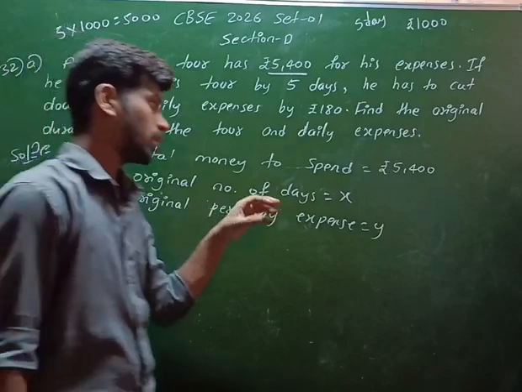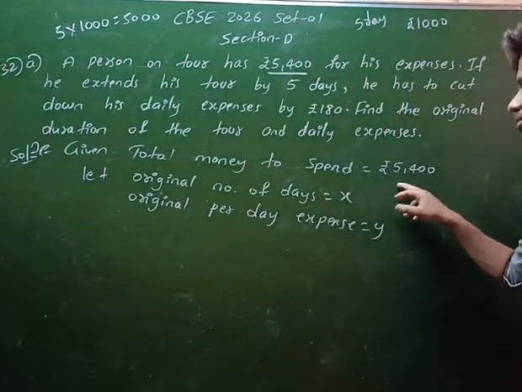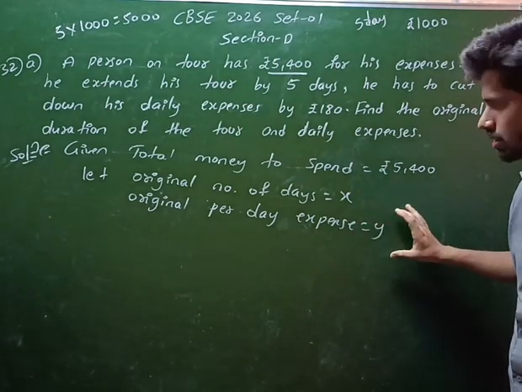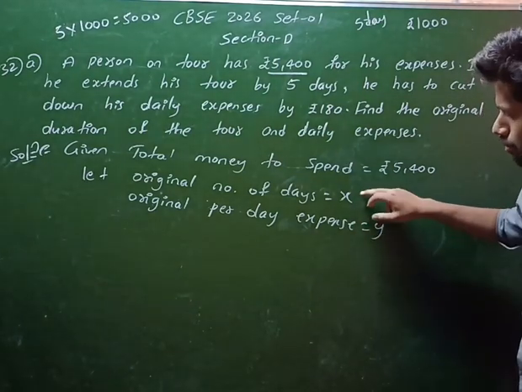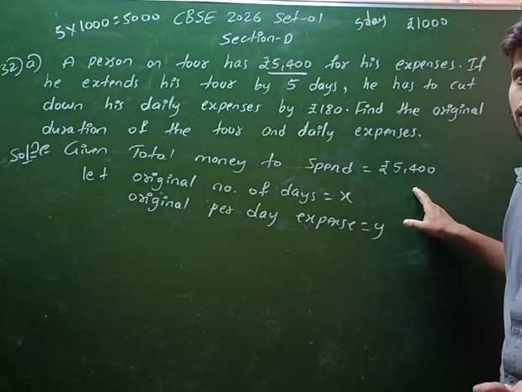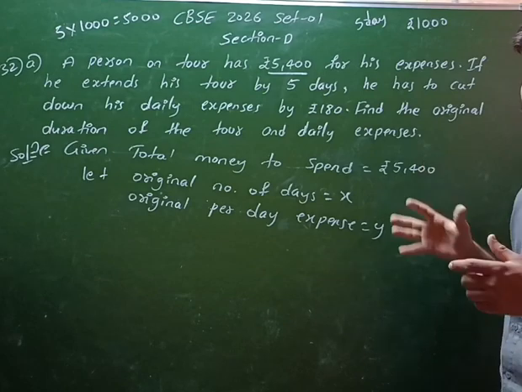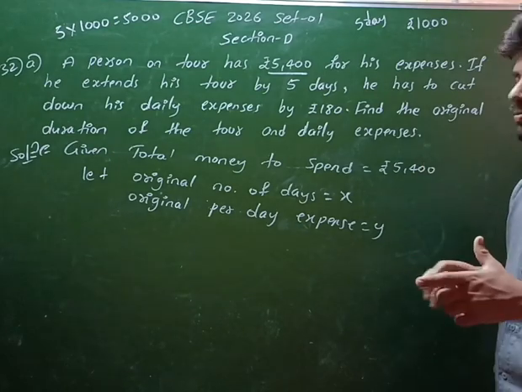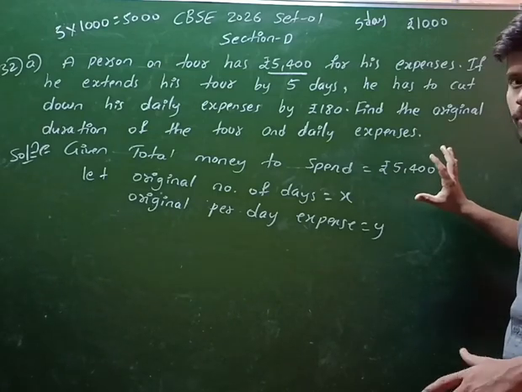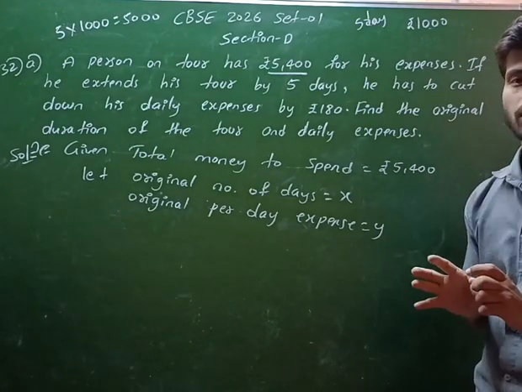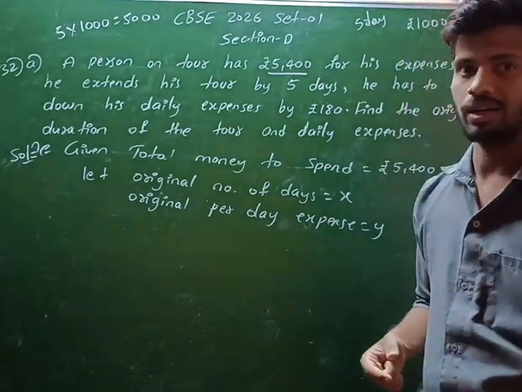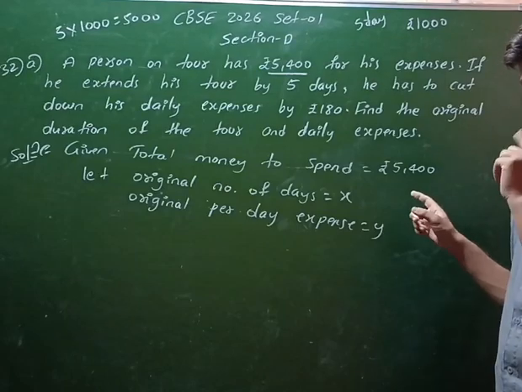See, the total spending is 5,400. These are the number of days, and this many rupees is spent per day. When you multiply the number of days and the per-day spending, you get the total money he has for spending. Look at this question in a different way: the total amount he spent is this much, but we don't know for how many days he went on the tour and how much he spent each day.